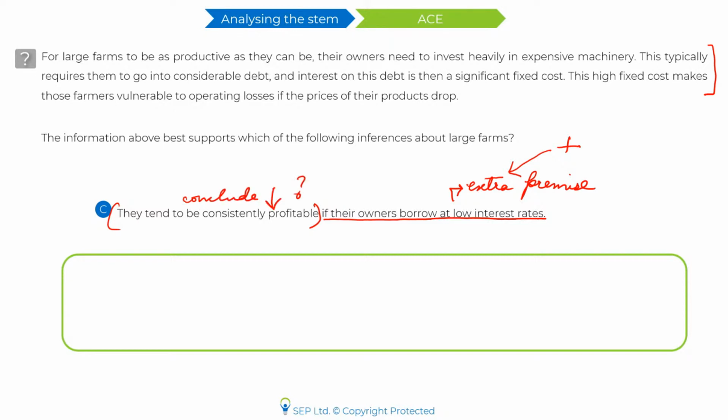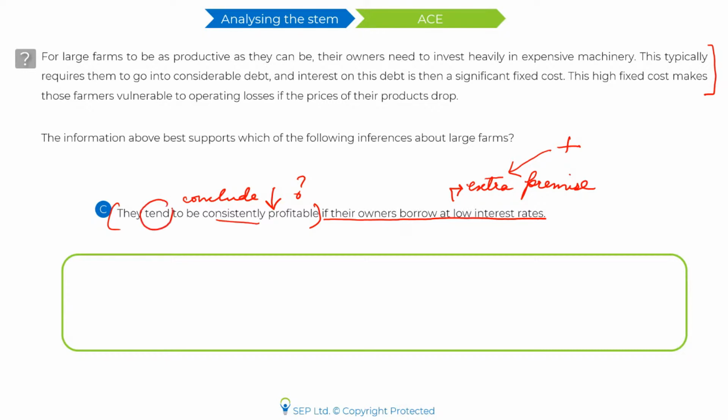Let's say the passage tells you that the interest is a significant fixed cost and that makes them open to losses. Now this choice is saying, if I give you more information that these owners are borrowing at a low interest rate, then can these large farms become consistently profitable?